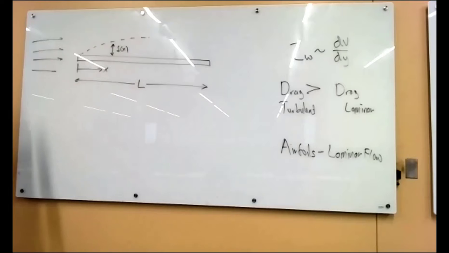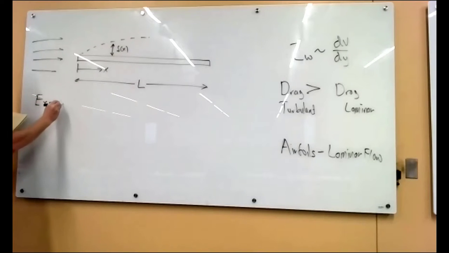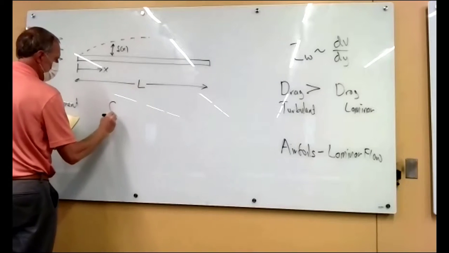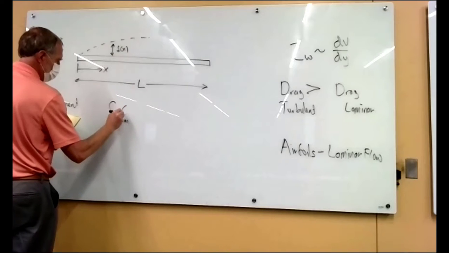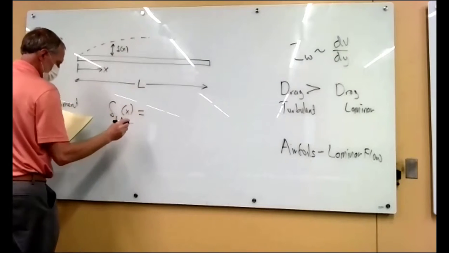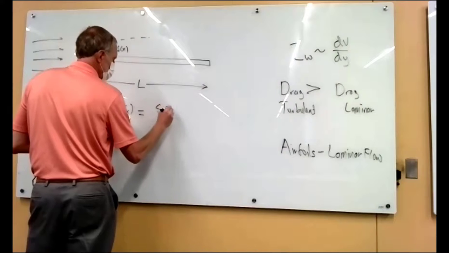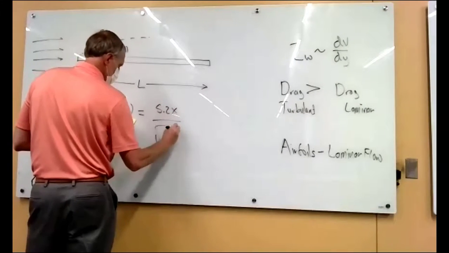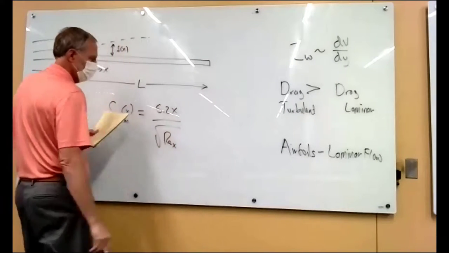So from experiment and theory, for a laminar boundary layer, the thickness can be predicted with this formula.